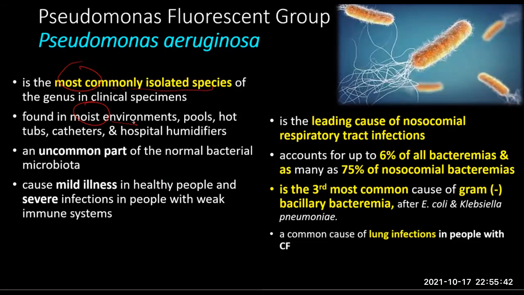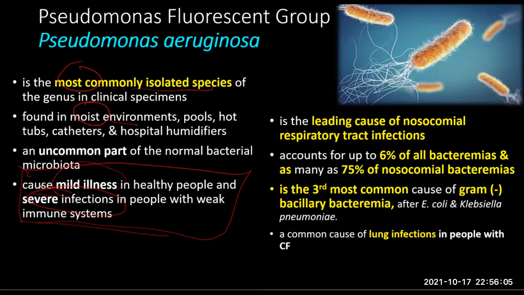Take note, if you are a healthy person, then it can cause mild illness. However, if you are immunocompromised, it can indeed cause severe infections, and may account for 5 to 15% of all nosocomial infections, especially pneumonia and bacteremia.